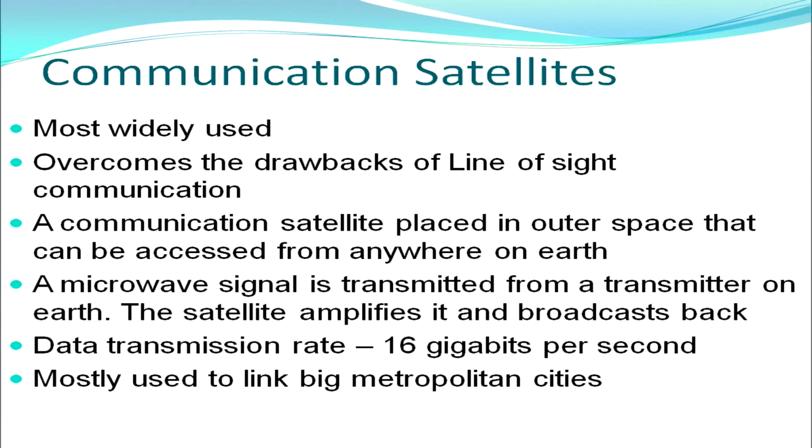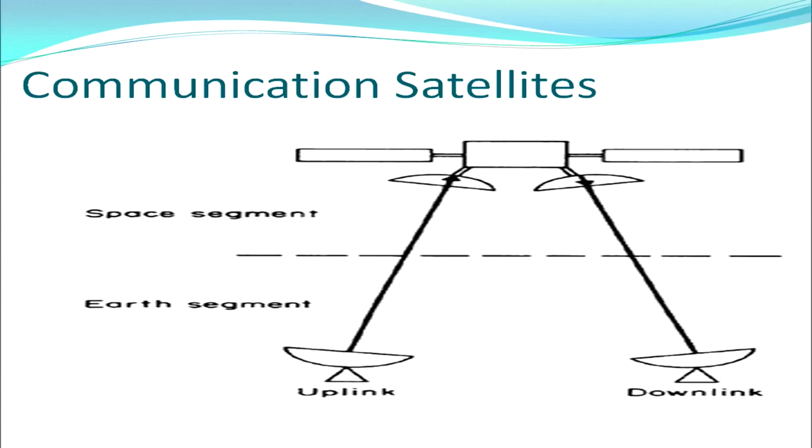How does the transmission take place in the case of communication satellites? They are generally used in big metropolitan cities and, as I told you, to connect the entire globe. In this picture you will see a satellite in outer space, and from the earth a transmitter is uplinking, that is, transmitting the data to the satellite.